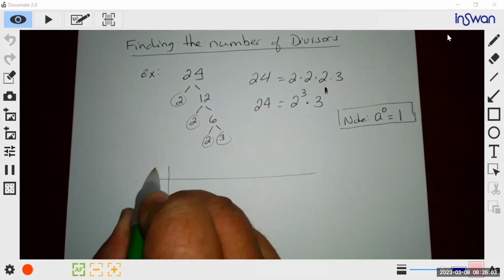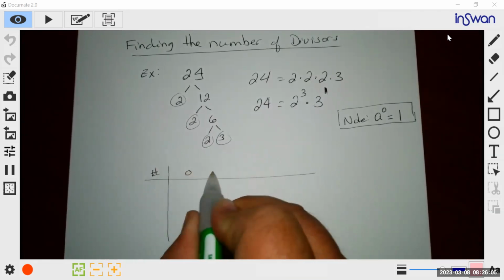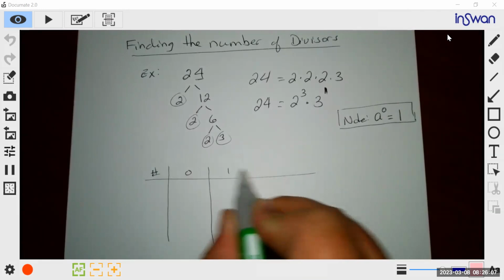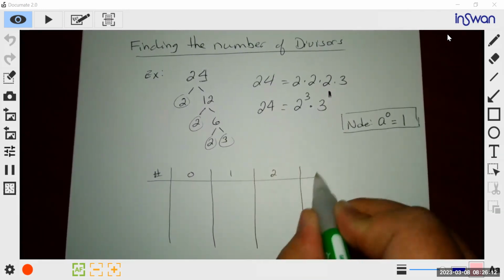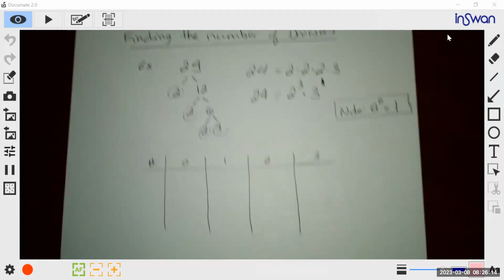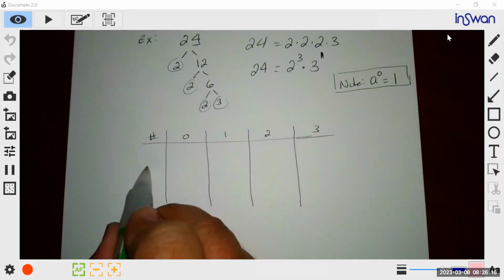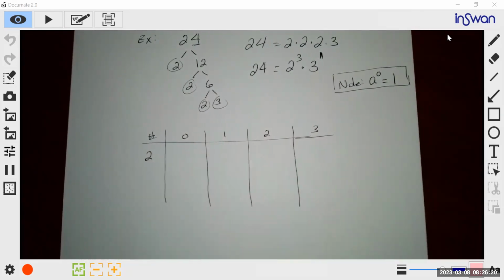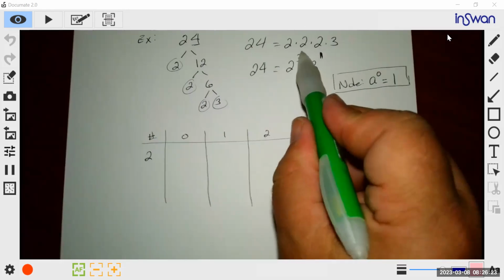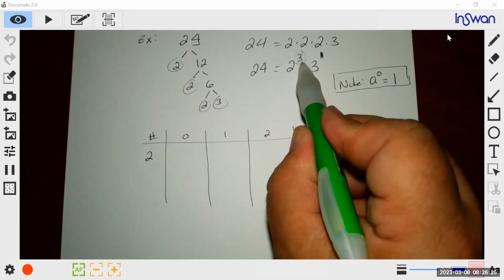This is our number. These are my exponents. So the number is 2. In this one, I have all the way up to 3.